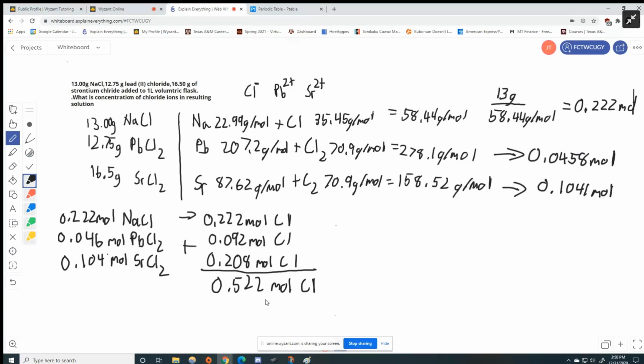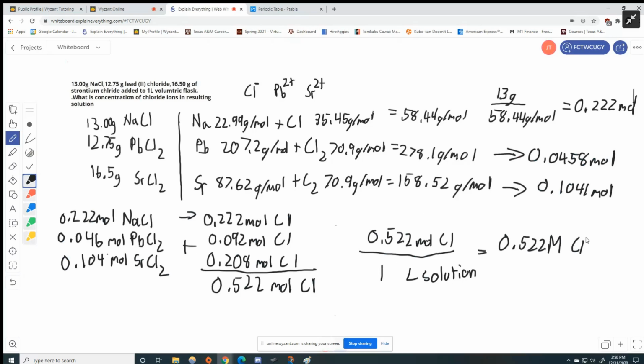So once you get the 0.522 moles of chloride, since it is added to a 1 liter volumetric flask, you have 0.522 moles of chloride over 1 liter of solution, which equals a molarity of 0.522 M chloride.